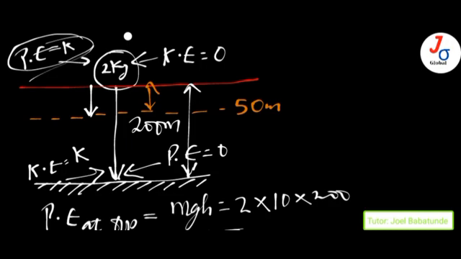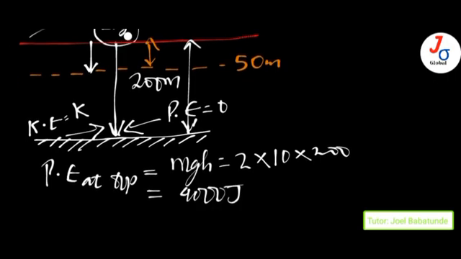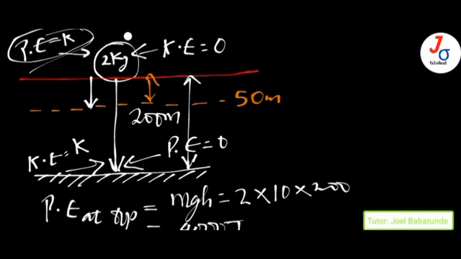Remember that the law of conservation of mechanical energy says that at any point, the potential energy plus the kinetic energy is equal to a particular value, a constant. So at the top, potential energy is 4,000 plus kinetic energy 0, so PE plus KE at this point is equal to 4,000 joules.